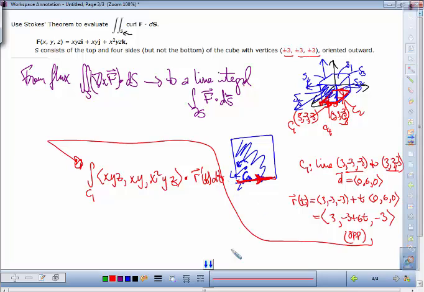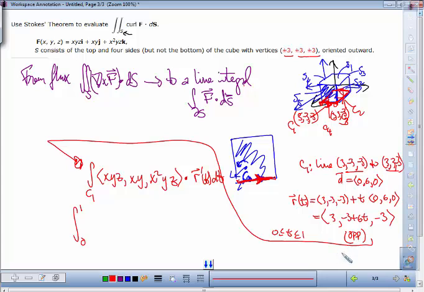I'm kind of mixing notations here. I'm doing the parameterization already. This parameterization for a line, by the way, is a parameterization where t goes from 0 to 1. So integral from 0 to 1.